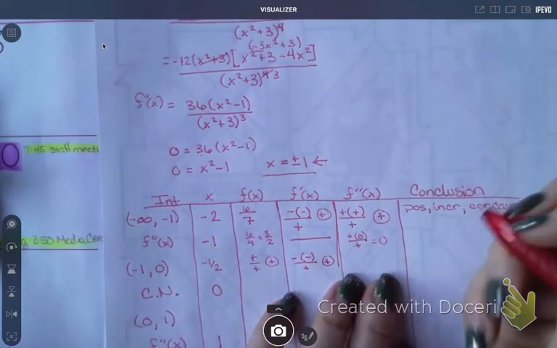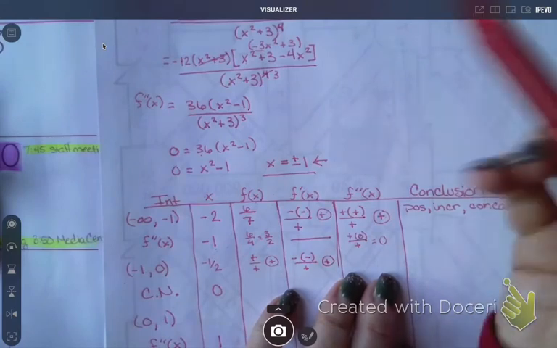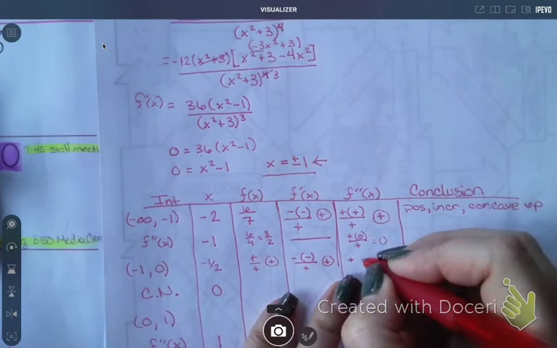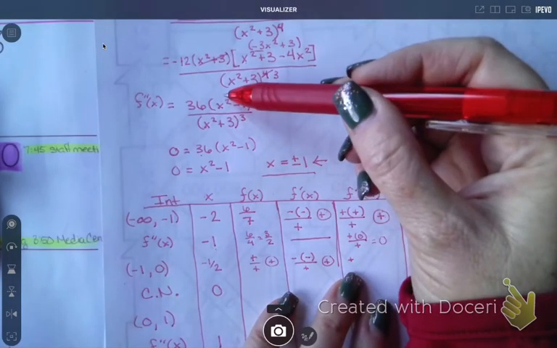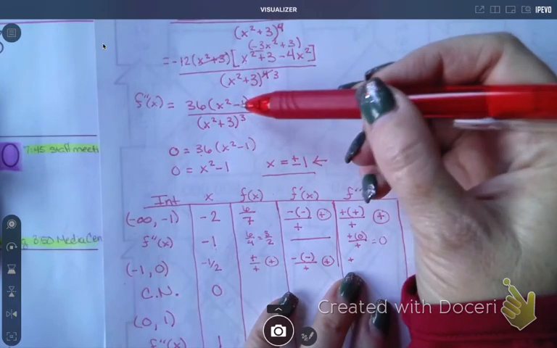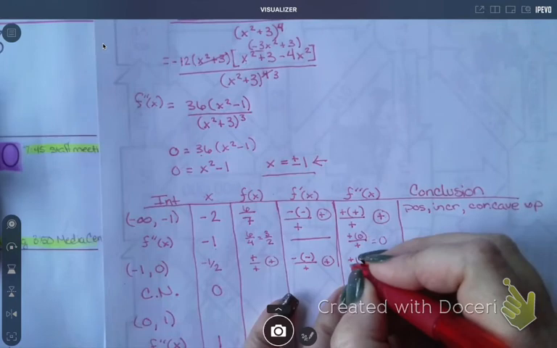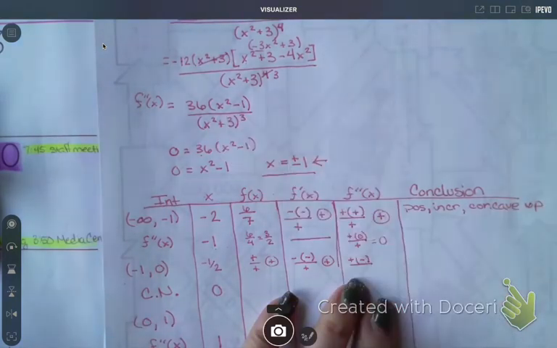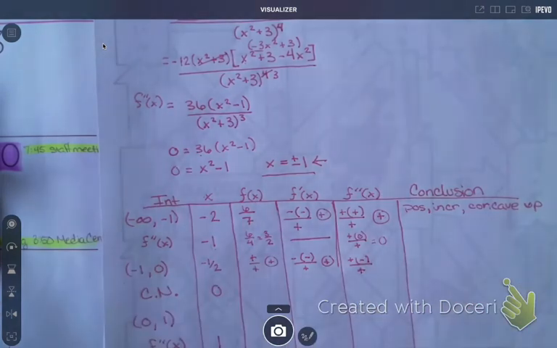Now I'm going to plug it into the second derivative. So 36 is positive. Negative 1/2 squared would be 1/4, and 1/4 minus 1 would be negative, wouldn't it? And then the denominator would be positive, because everything's squared, right?